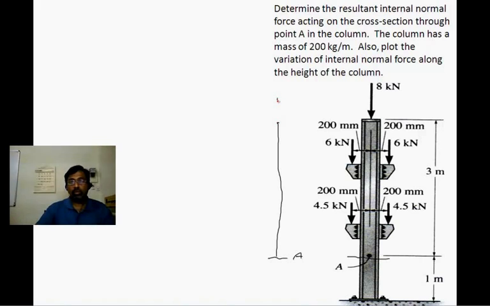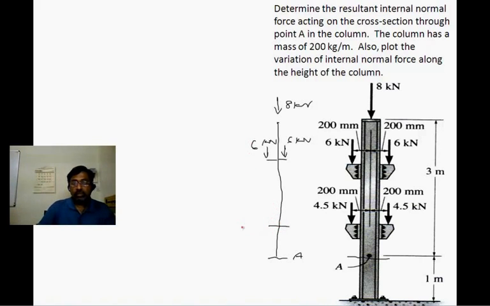Let's now draw all the forces on this. Mind you, this is a free body diagram. There are two 6 kilonewton forces acting at different points.